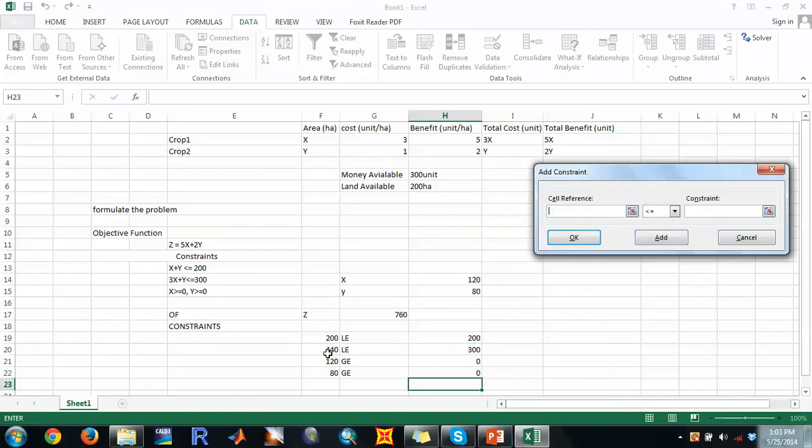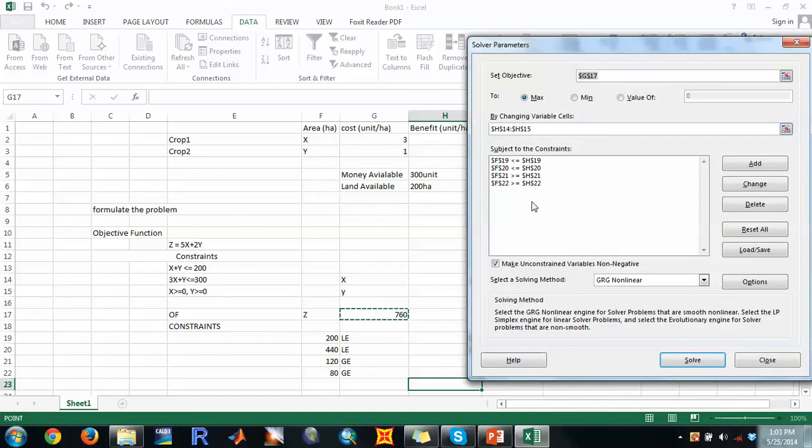The additional one is that 3x plus y should be less than or equal to 300, and then say Add again. Then the value of y should be greater than or equal to 0, and say Add. The value of x should be greater than or equal to 0. Once you have input all four constraints, say OK.